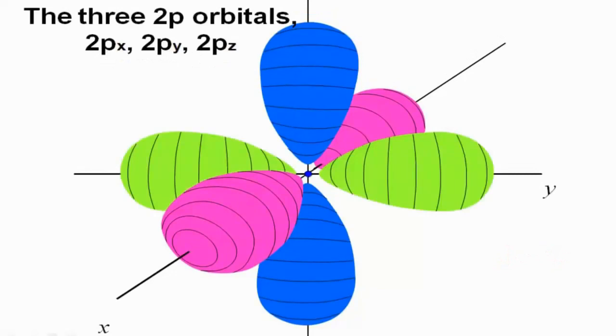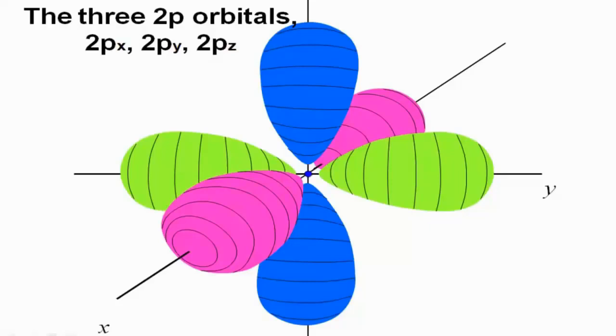But we said that each orbital can have a maximum of 2 electrons. So once each of these orbitals has 1 electron, then they can start to pair up and fill each orbital with a total of 2 electrons, and that would give the 3 2p orbitals a total of 6 electrons.